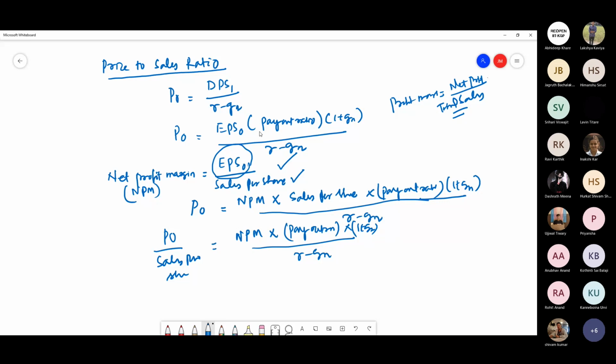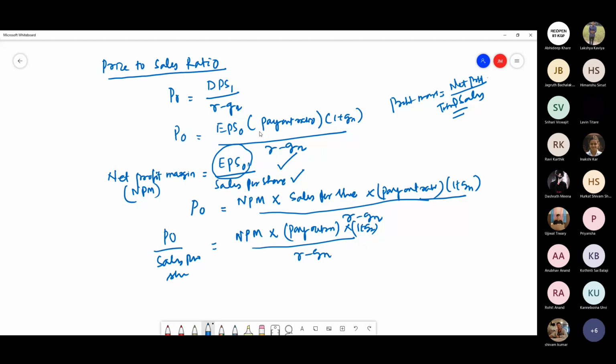Whenever there is a drop in the profit margin, it has dual effects. It has a direct effect on the price to sales, which gets reduced, and it lowers the growth rate, which in turn again affects the price to sales.